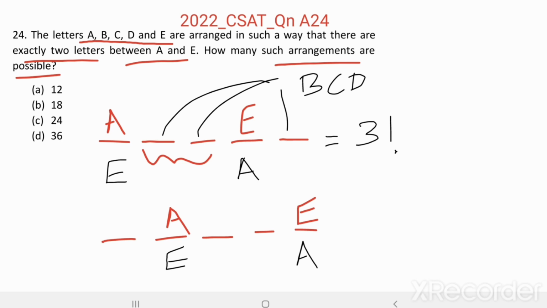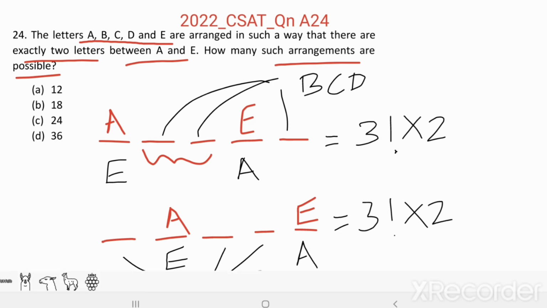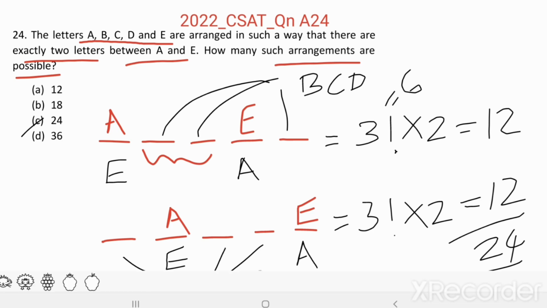And there are two arrangements of A and E. Similarly here also the remaining 3 letters you can arrange in remaining 3 places in 3 factorial ways, and there are two arrangements of A and E. So total 3 factorial equal to 6, then 6 into 2 equal to 12, here also 12, total 24 arrangements are possible. Option C is the right answer.